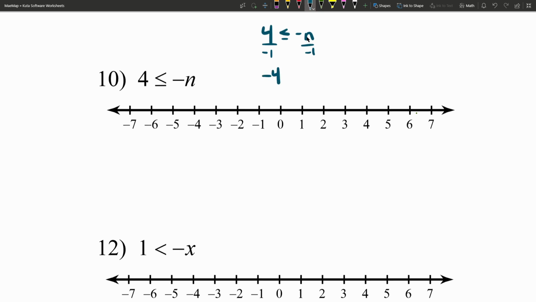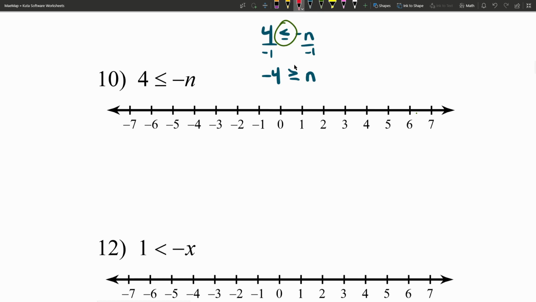And our right-hand side, negative n divided by negative 1 becomes a positive n. And what do we do with our inequality? We flip it. Because we divided by a negative 1 or multiplied by a negative 1, we flip that inequality. So our less than or equal to now becomes a greater than or equal to. So it's just pointing the opposite way.